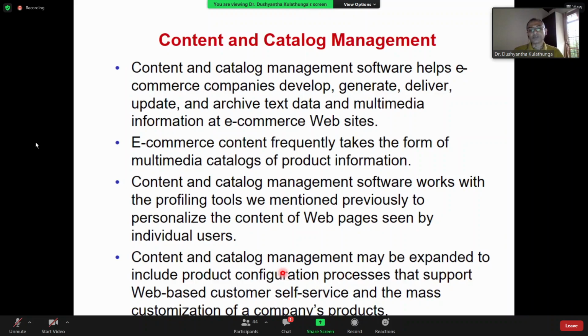So you may select different parts in building a particular product. If it is a computer which you are going to purchase, you may customize the computer to match your specific requirements, and then you need to select different components. The information related to those different components is managed by the content and catalog management software.